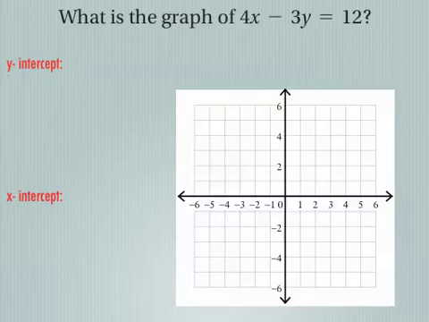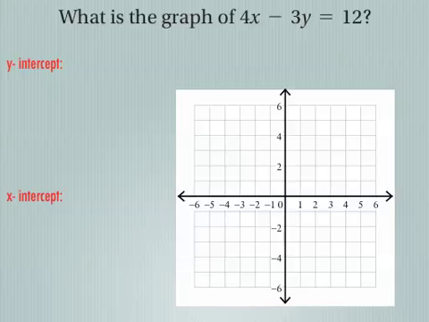This example says, what is the graph of 4x minus 3y equals 12? To graph an equation when we're given standard form, we're going to find the y-intercept and the x-intercept. We're going to plot them in the coordinate plane, and we're going to connect the two intercepts.